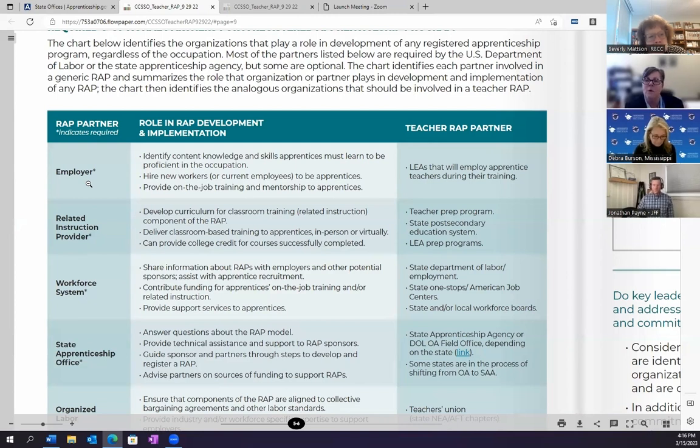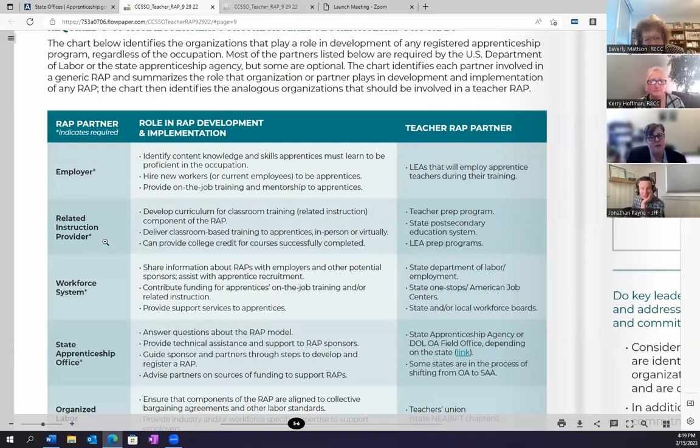And one of the big roles for them in particular is that they do the hiring of the apprentices. And with that, they do the orientations and all of those types of things that normally go on with a new hire. But in many cases too, they also take on the responsibility of that apprentice to work in a specific environment under a specific mentor.